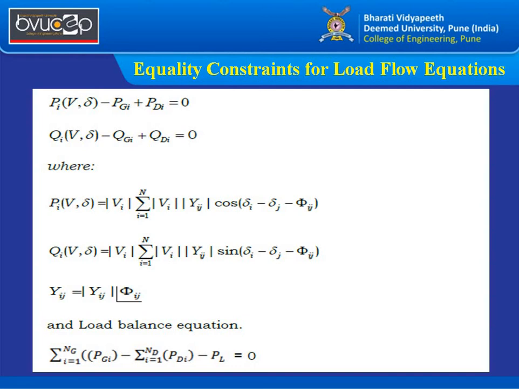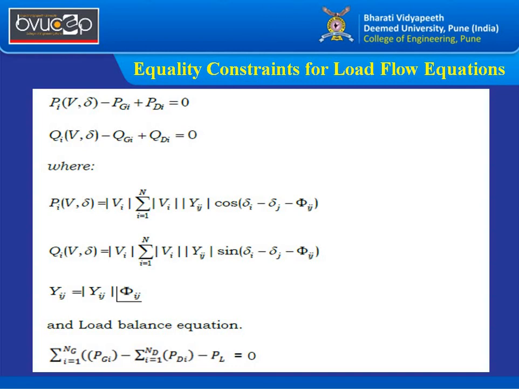Where Pi is the function of V and del again, which has the equation magnitude of Vi, summation of j equal to 1 to n, Vj, Yij, that is the bus admittance matrix between bus i and j, cos of del i minus del j minus phi ij, that is the angle corresponding to these magnitudes of the voltage and bus admittance matrix. A similar equation holds for reactive power, the only difference being the sign term.